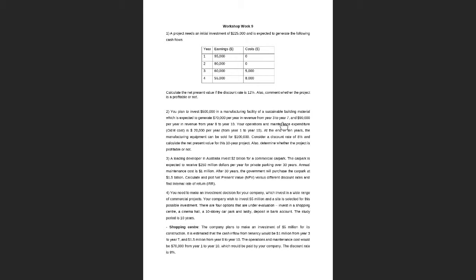Okay, so for the first year, it is 95,000 divided by 1 plus r to the power 1. Yeah, that's right. So do that for all the years. The cash flow amount will change and also the time value will change, right?